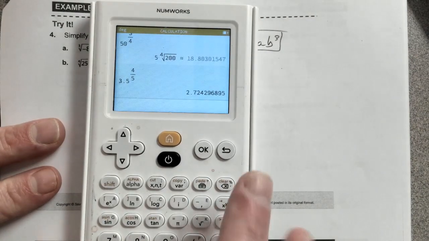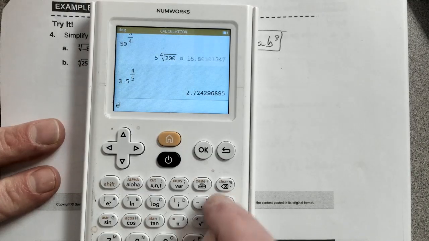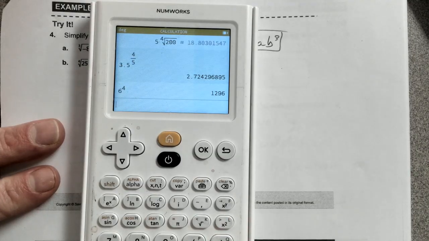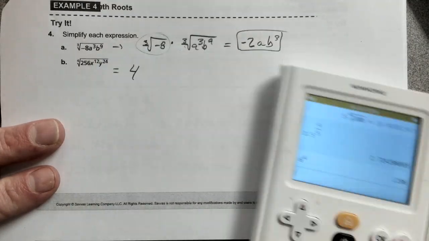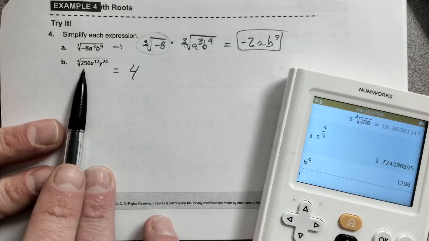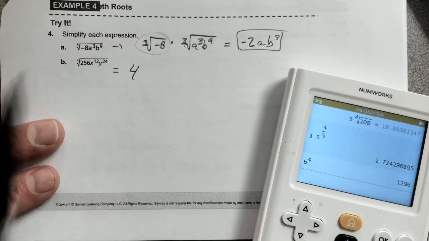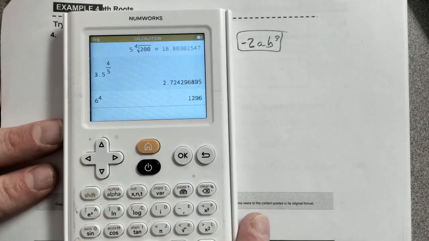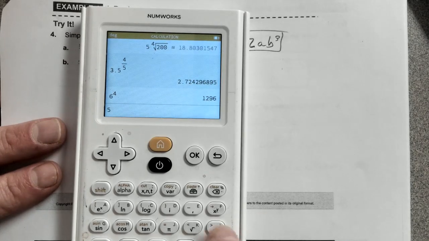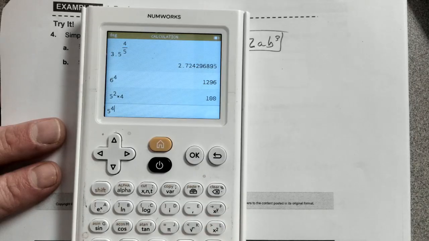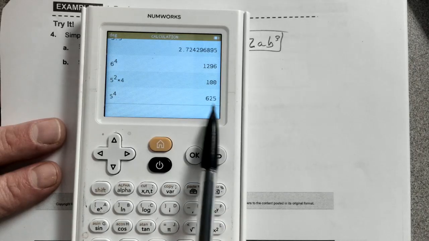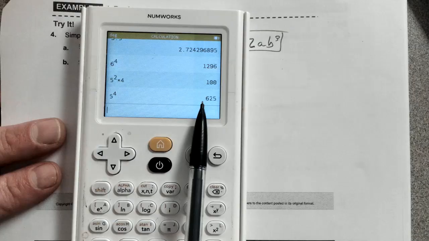And here's what I mean. 6 to the 4th, we're already at 12,000, and I can't get over 256. All right, so what if it was 5 or 3? Well, 5 times 5 times 5 is up there. 5 to the 4th gets us 625, so we know it has to be smaller.